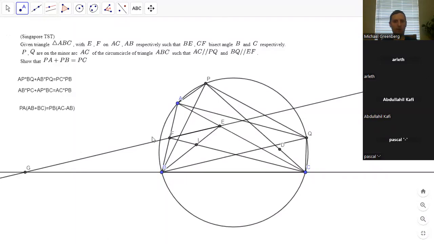So we could project EF, G, infinity onto the circle. And then we get QA, and this would be the midpoint of arc AC, and then this would be C. But we eventually need to get something with these lengths.